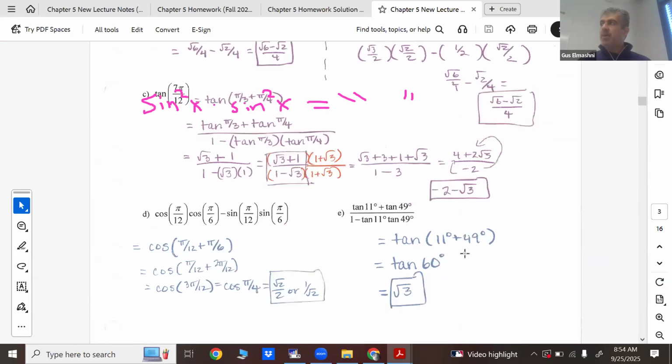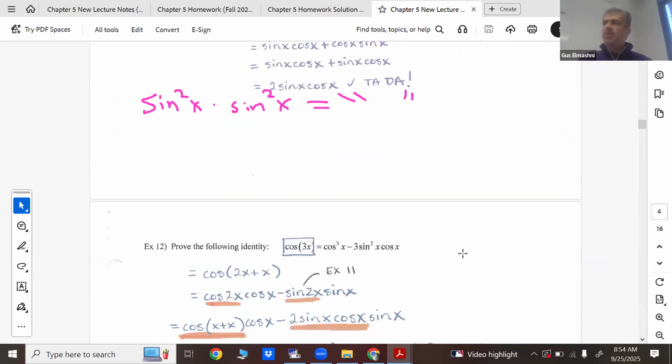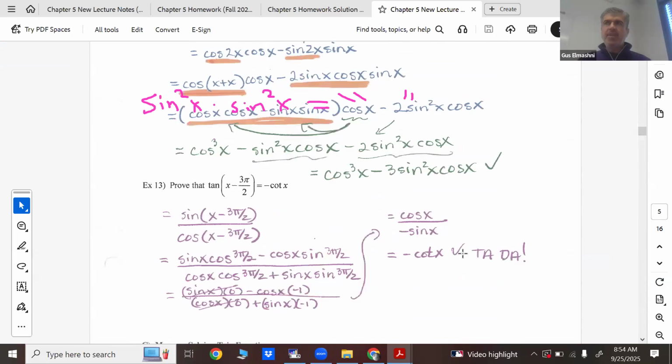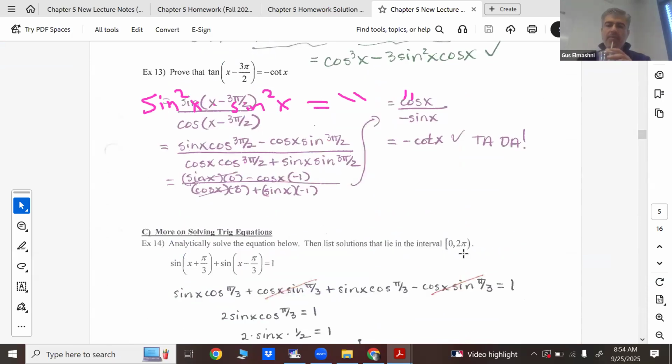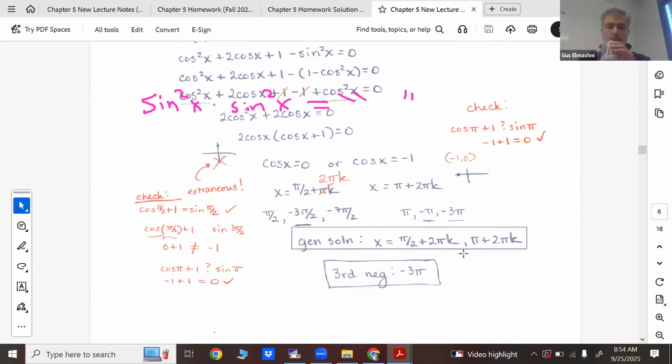Sine squared x times sine squared x. Are we allowed to do the right side? You can if you want. Actually, just the left side, so you practice using the new identity.